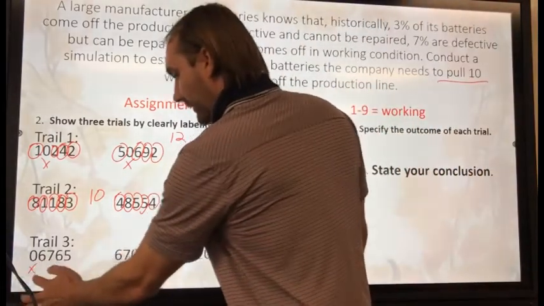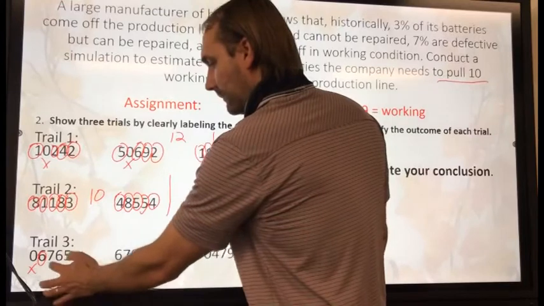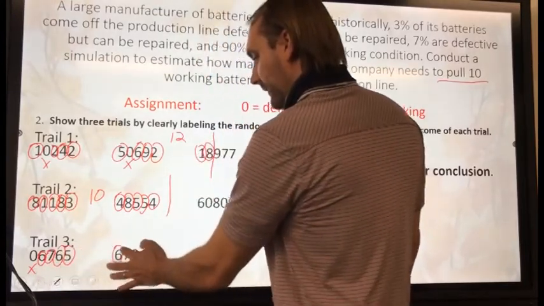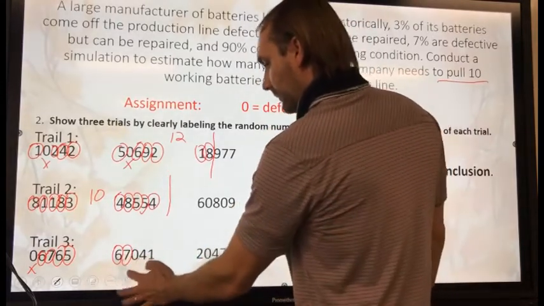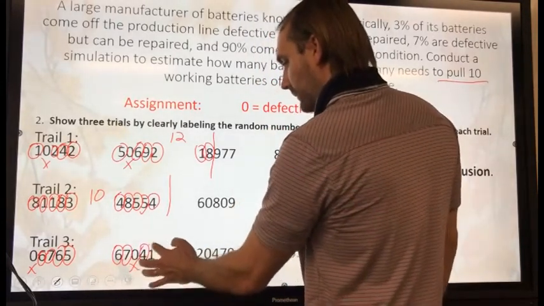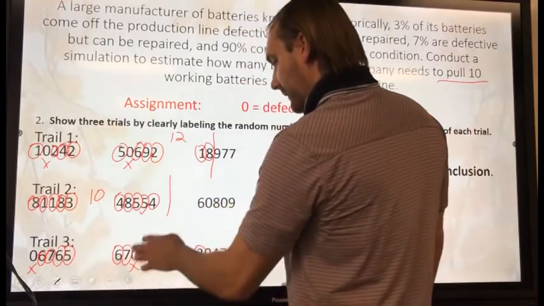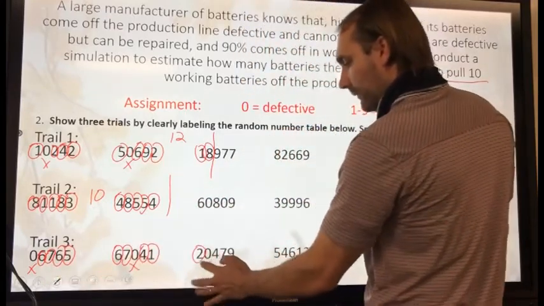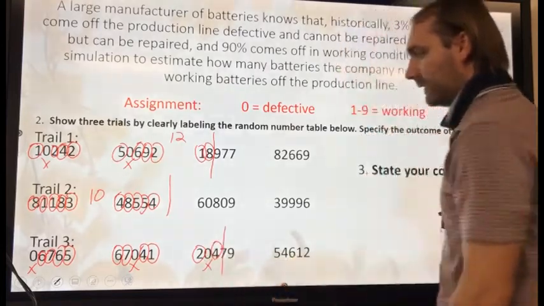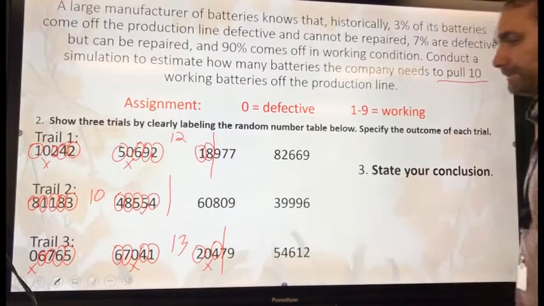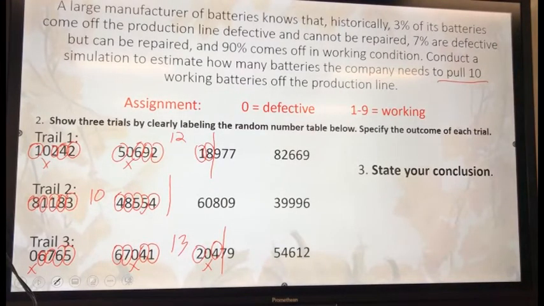No? 6. 7. 6. 5. 6. 7. 0. 4. 1. 2. What? 1, 2, 3, 4, 5, 6, 7, 8, 9. 0. 4. Now we have 10. And that took 13 tries to get to our 10 working batteries.